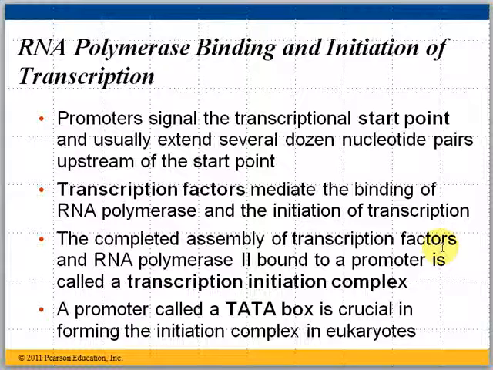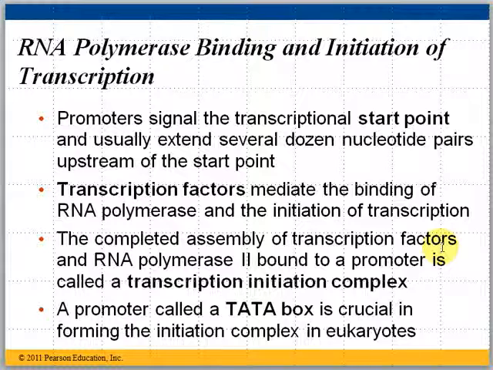In the picture we already looked at, we talked about the promoter. The promoter is the area where the RNA polymerase is going to attach to the DNA. That's not going to be part of the actual piece that's going to be transcribed. It's going to be a few dozen nucleotide pairs upstream from the starting point. And then we also have something called transcription factors.